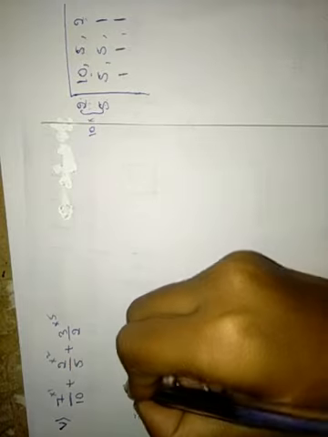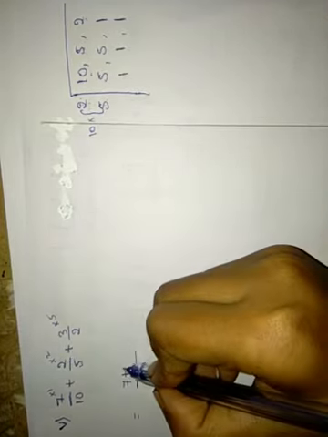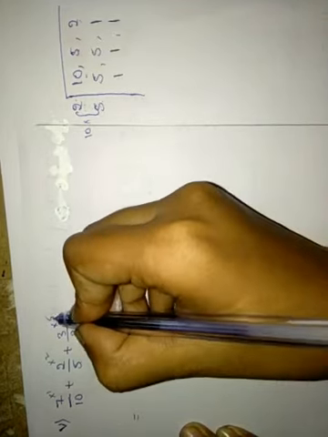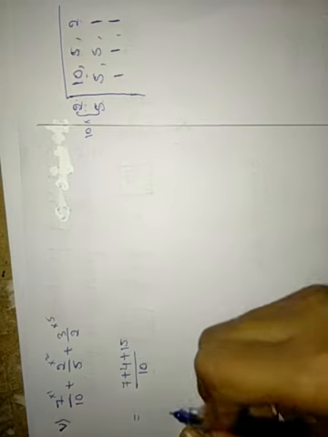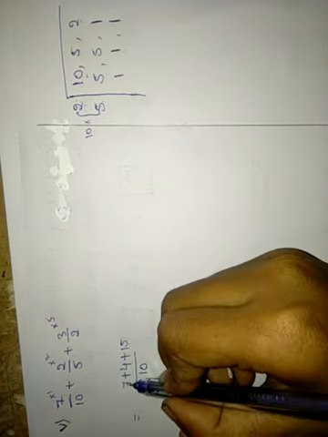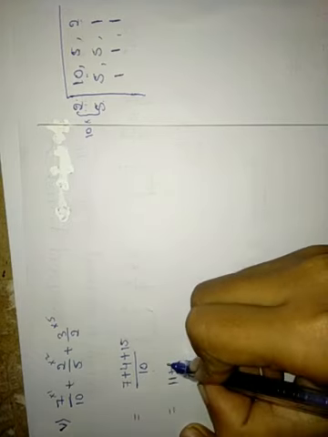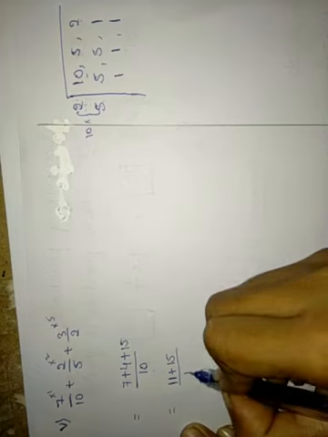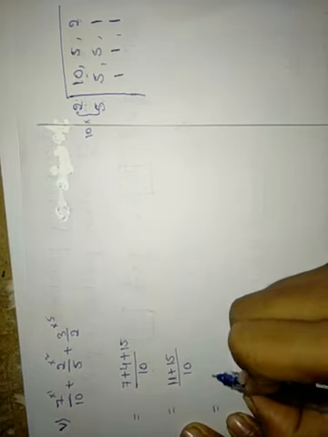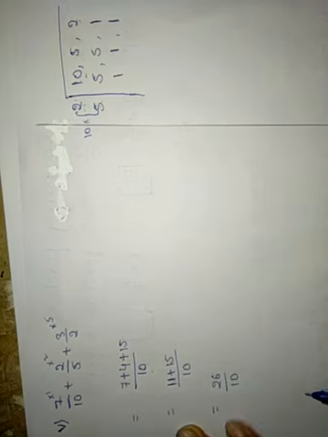Now 7 1s are 7 plus 2 2s are 4 plus 3 5s are 15. Now we'll add these three values. We'll get 7 plus 4, that is 11, plus 15 divided by 10. 11 plus 15, that is 26 divided by 10.